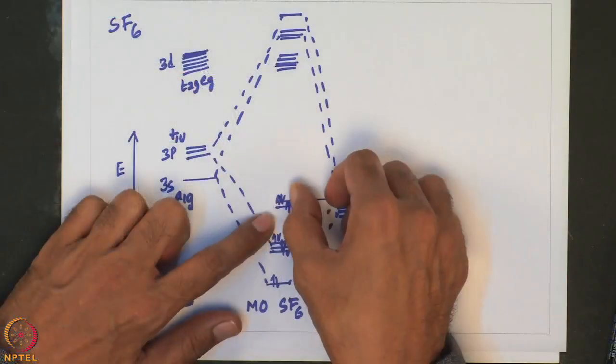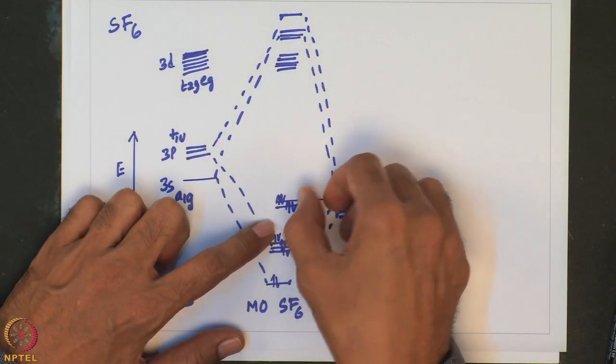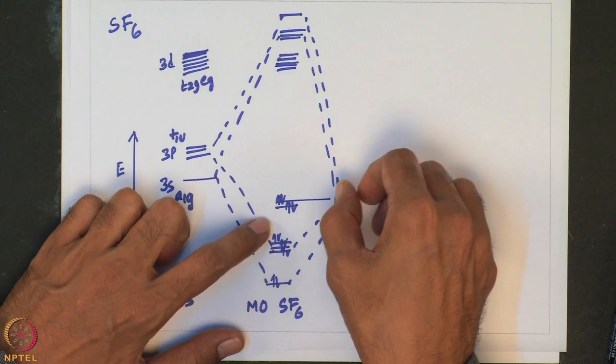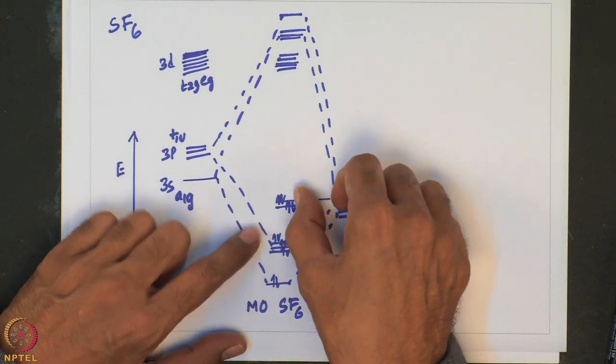So, essentially it indicates d orbitals are not participating in the formation of SF6 molecule, and it is essentially a hypervalent molecule. Okay. And here if you see, these 4 electrons coming from F essentially remain as non-bonding here.